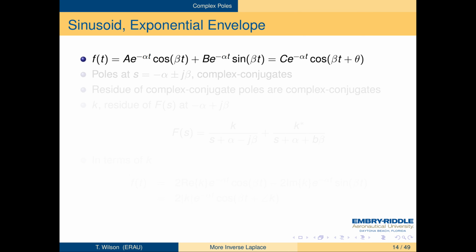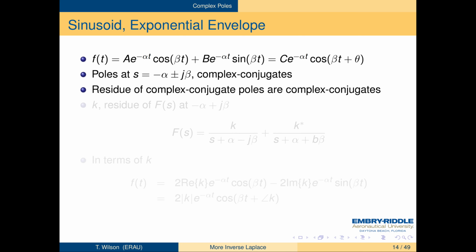Things work the same when our waveform is a sinusoid with an exponential envelope. We write the waveform in either cosine plus sine or magnitude and angle form. By the multiplication by e to the minus alpha t property, the poles of the constant amplitude sinusoid at plus minus j beta are shifted to s equals minus alpha plus minus j beta. For a real valued waveform, these poles will always come in complex conjugate pairs.